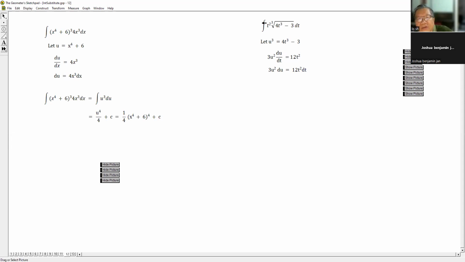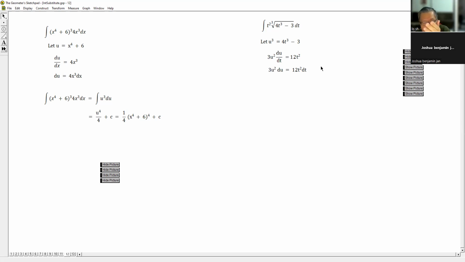If you look at the question here, it is t squared dt, but here we have 12t squared dt. So what is required by the question is t squared dt, not 12t squared dt.